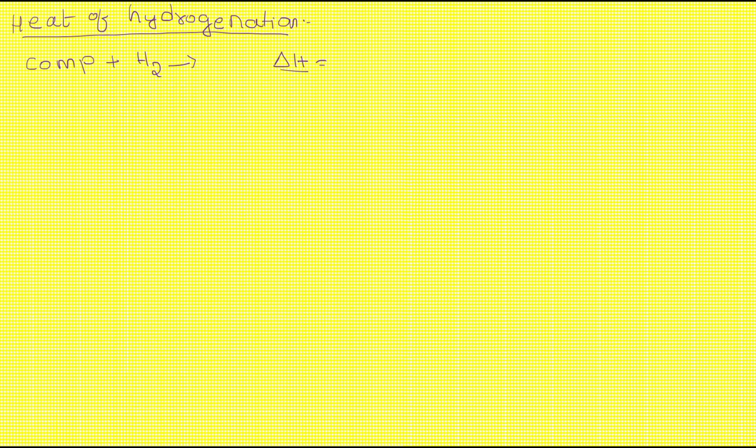Then obviously I am having the question, sir, how can a compound have low heat of hydrogenation? How can a compound have high heat of hydrogenation? Here, in the introduction, I am adding hydrogen to a compound. So high heat of hydrogenation or low heat of hydrogenation depends upon the stability of the compound given.